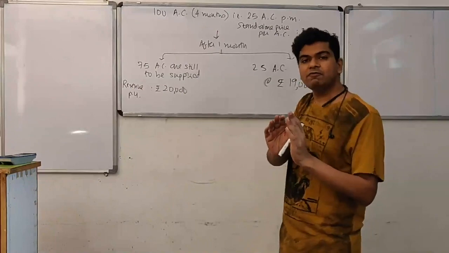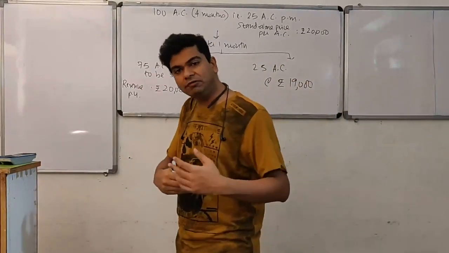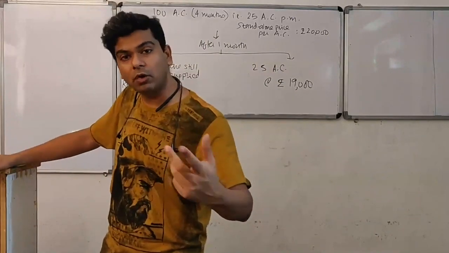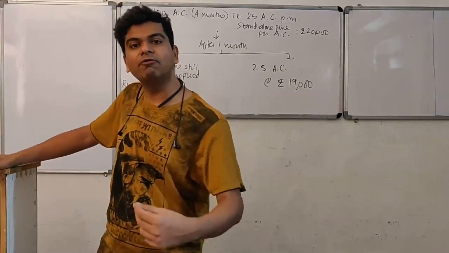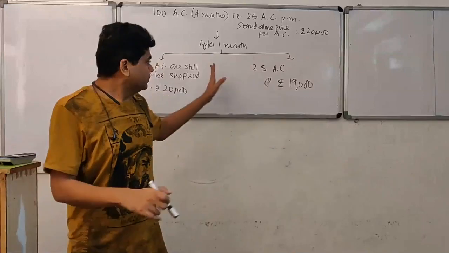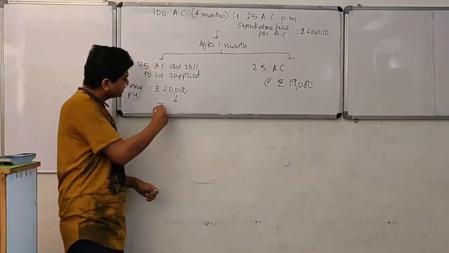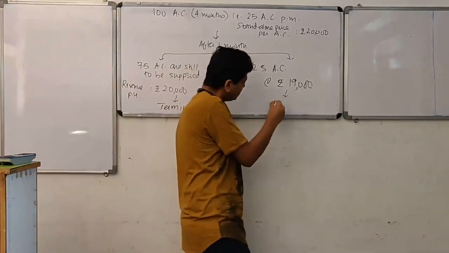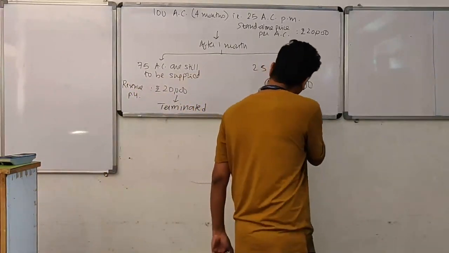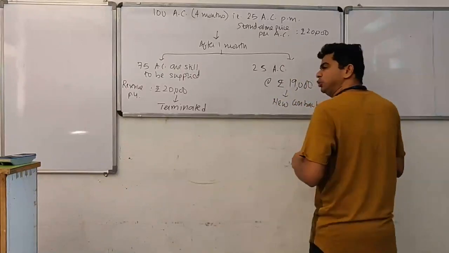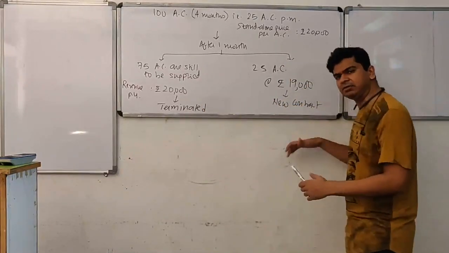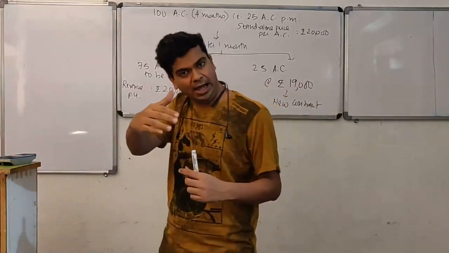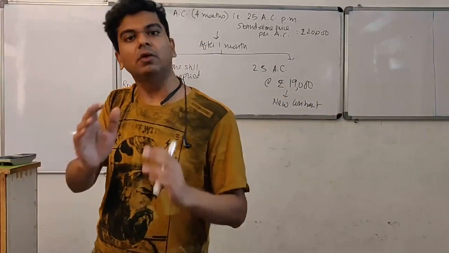So Ind AS 115 says that when you have this kind of a situation, consider this as termination of the old contract and creation of a new contract. So the original contract will be considered to be terminated, and this will be considered to be a creation of a new contract. No need to do any further accounting of it. It makes no sense at all because none of these terms are continuing after the modification.